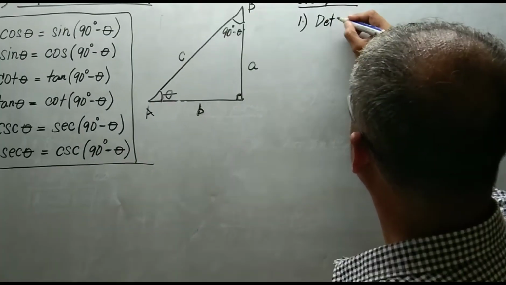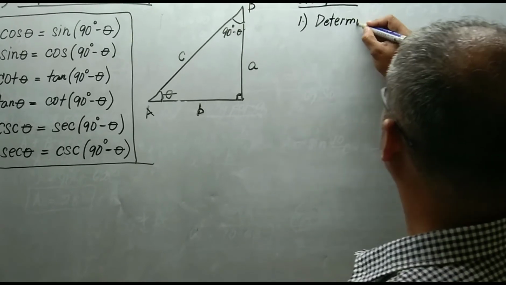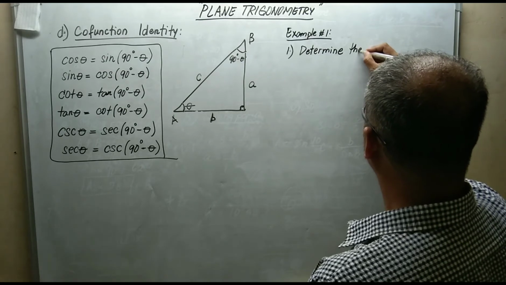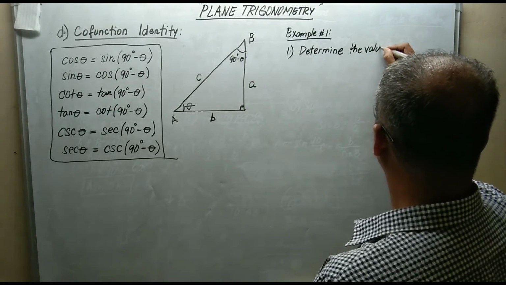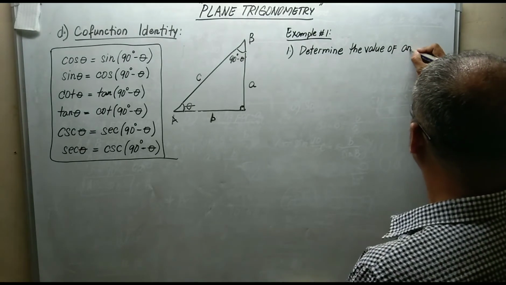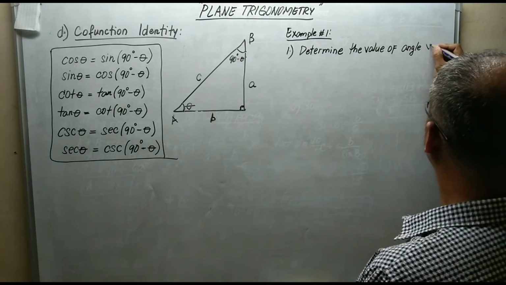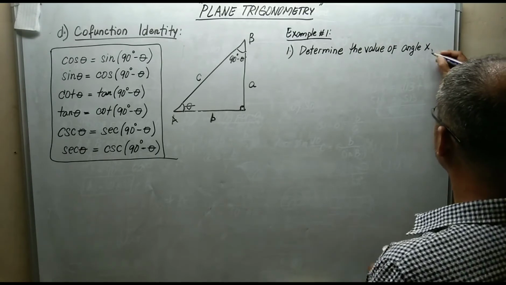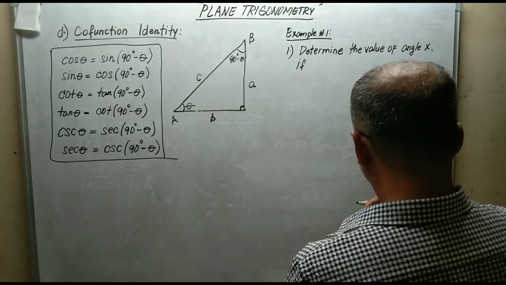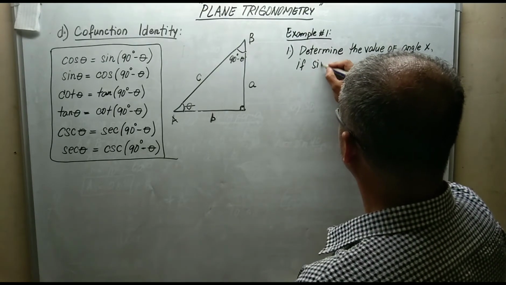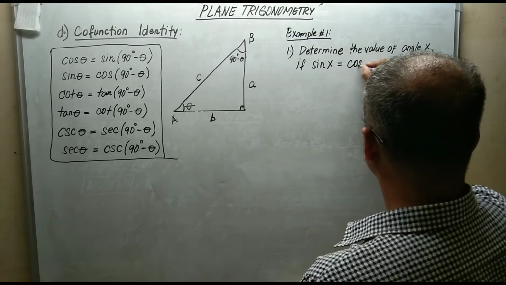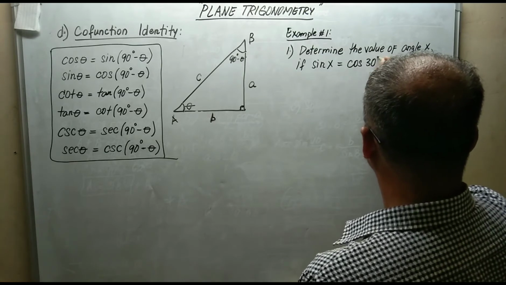Determine the value of angle x if sine x is equal to cosine 30 degrees.